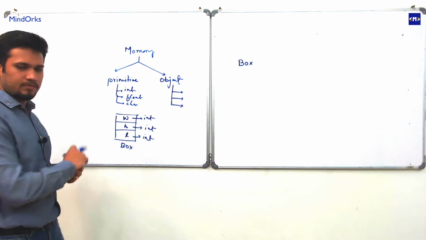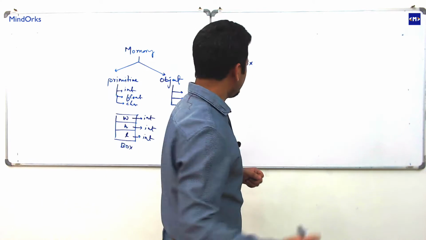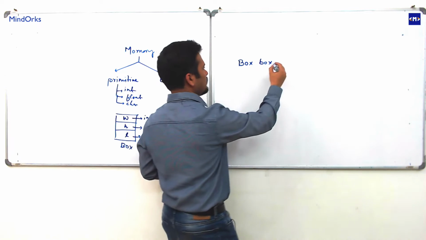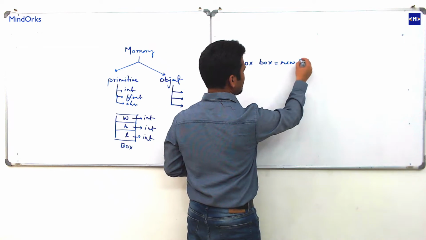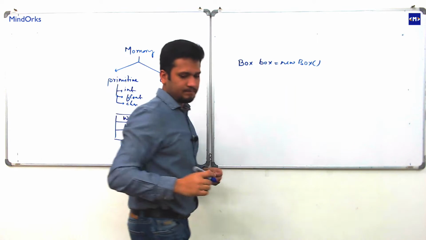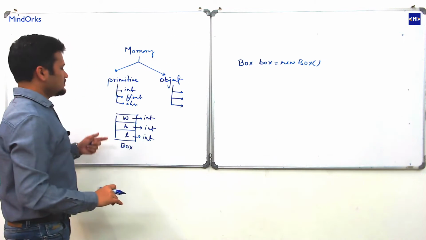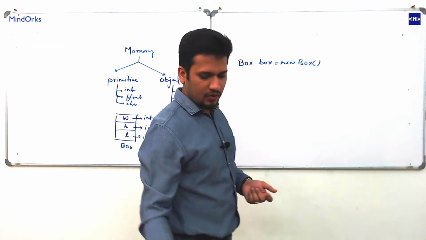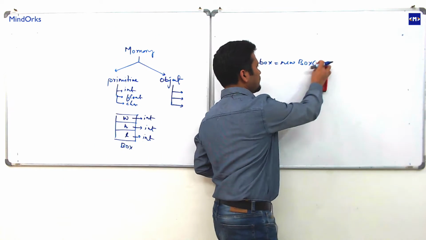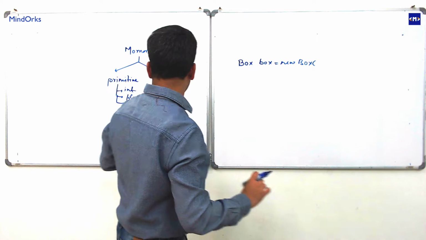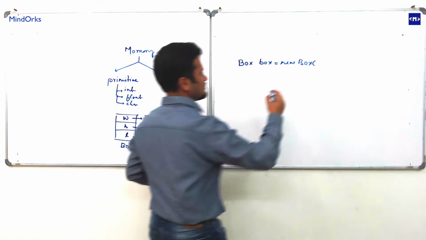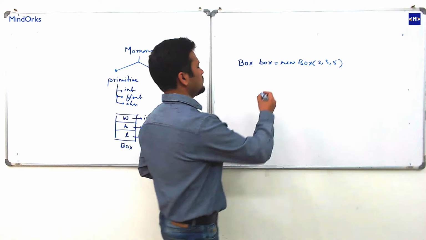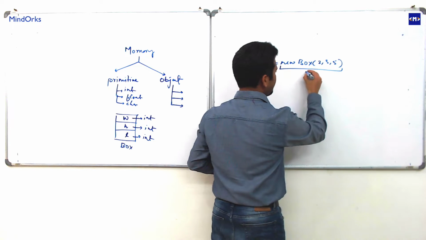And this is your box object. When you create your box object using the class, you need to create this box. Suppose we have written our own constructor, for example, that we are passing for width, height and length the values 2, 3, 5. So the objects are stored in the heap.